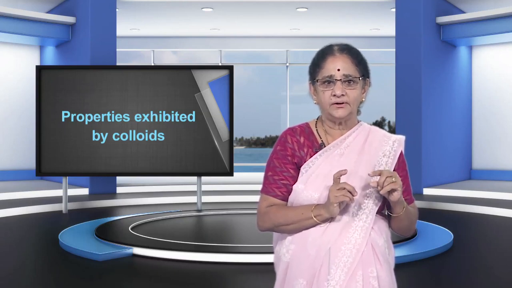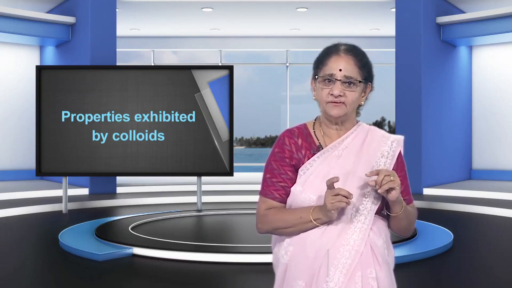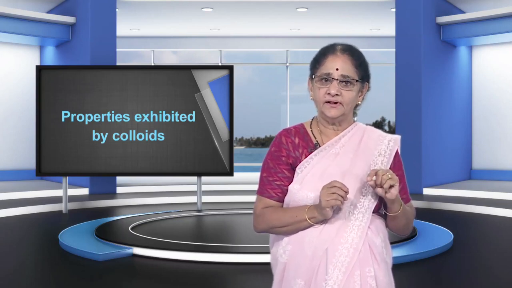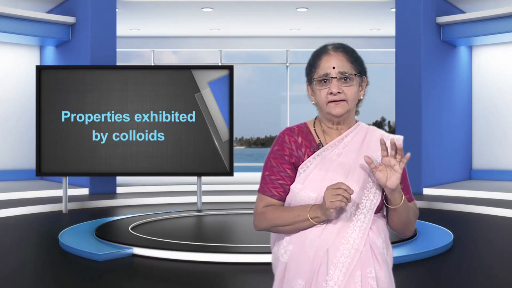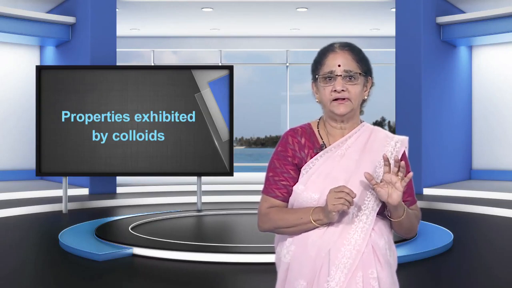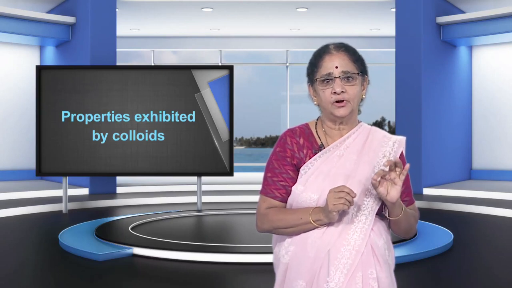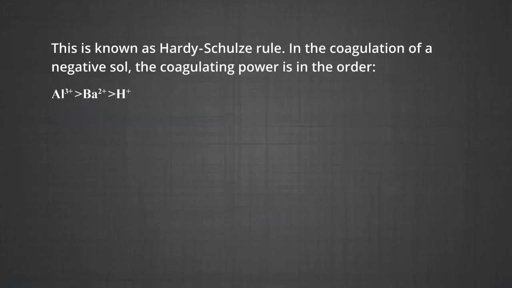A negative ion causes the coagulation of a positively charged sol and vice versa. It has been observed that generally the greater the valence of the coagulating ion added, the greater is its power to cause coagulation. This is known as Hardy-Schulze rule.